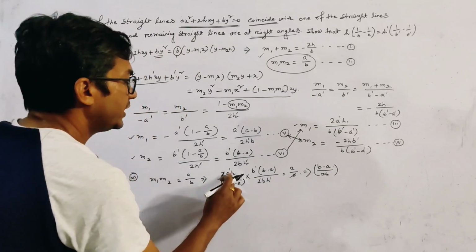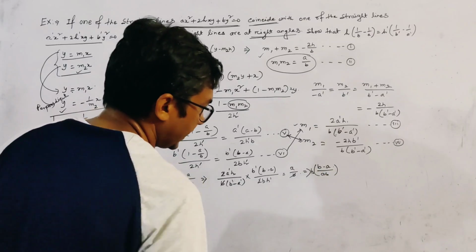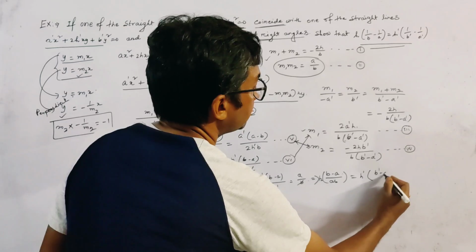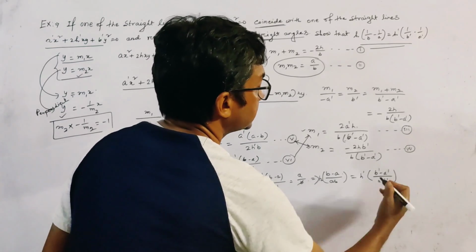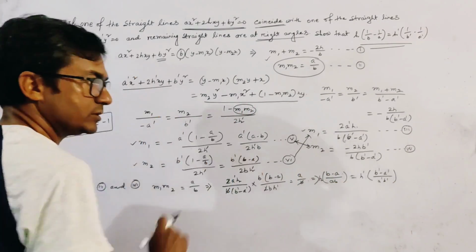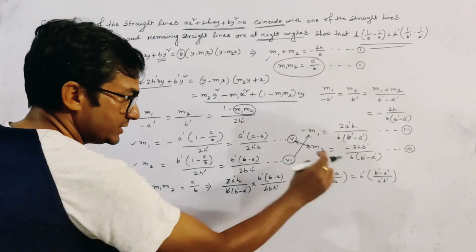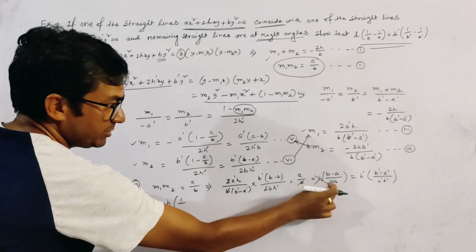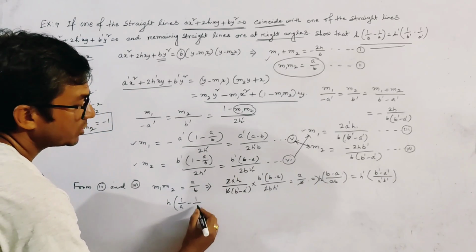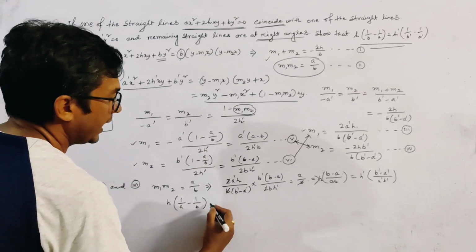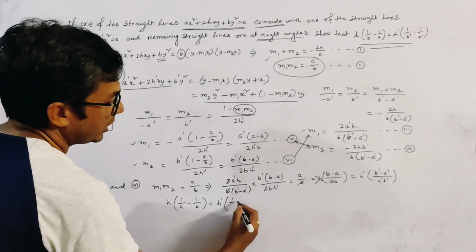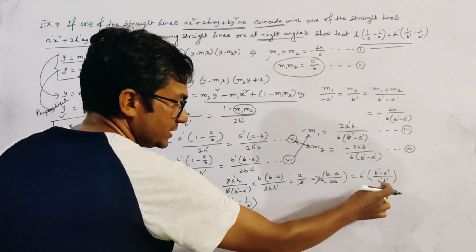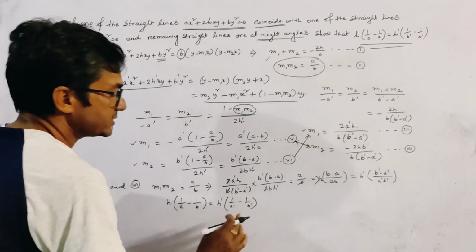And already here h exists, and the right side is b'(b' − a')/(a'b'). We get this relation from here. Now we write this relation as h into (b − a)/(ab), which means 1/a − 1/b on the left side, and the right side is h'(1/a' − 1/b'), because b' cancels out so 1/a' remains here.